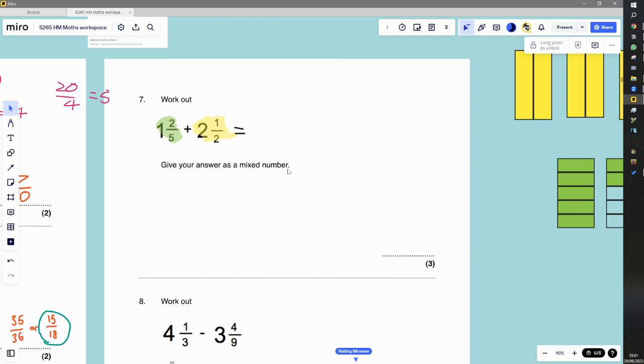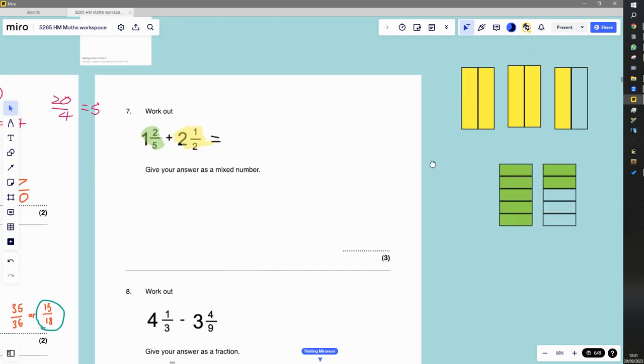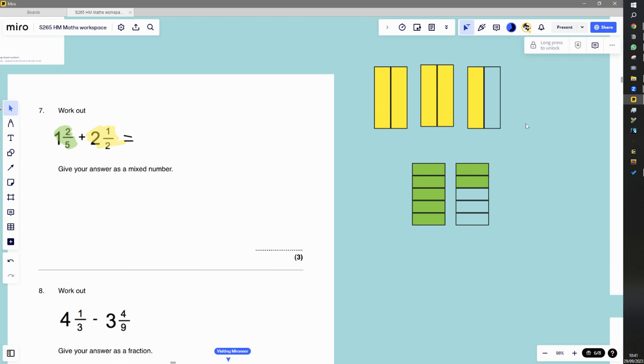So let's have a think about how we do this. First of all, use these diagrams which I've drawn here. This will be a whole object, chopped in 2, and I've got 1, 2, and then a half of another one. So this represents 2 and a half. And I've done the same with the green 1 2/5. We've got a whole thing there, that's the 1.